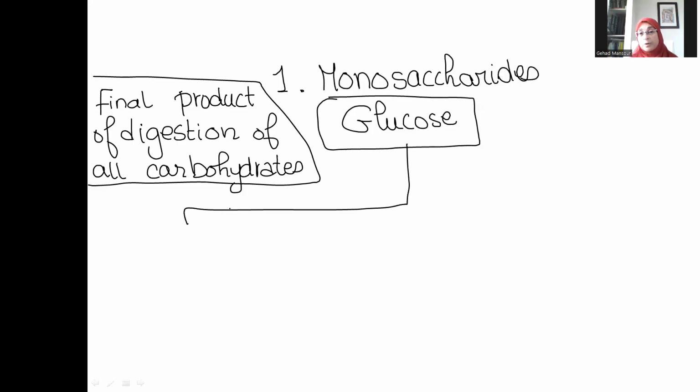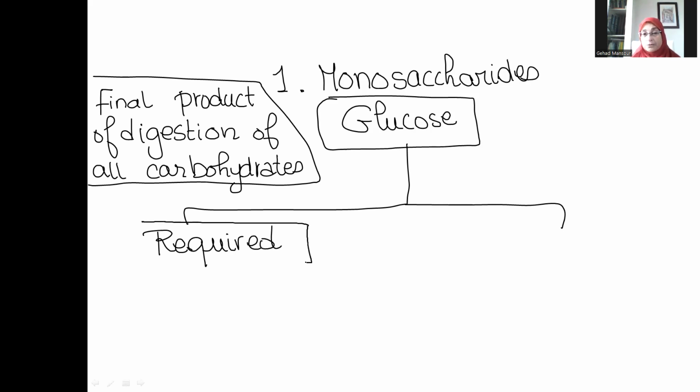And when we talk about the fate of glucose, and this will be applied to all the other nutrient molecules, we are going to differentiate between two types of glucose loads. We have the required glucose load, meaning that when you eat, you can eat only the amount of glucose that is required by your living cells to produce energy.